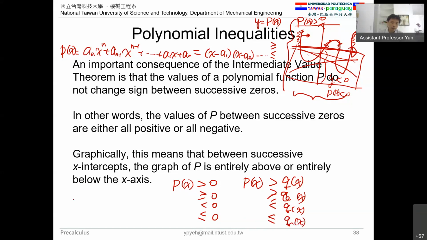In the case that we have polynomial functions, for example, it's like this term here, and then the q of x.